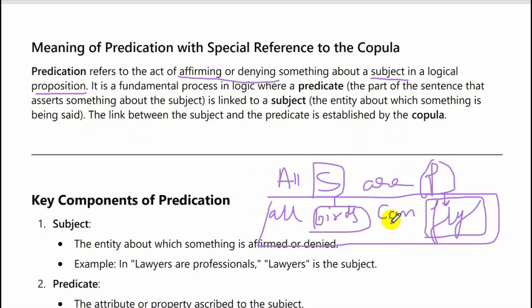So this fly is linked to the subject bird by the copula, which is the can, or the are in this case. So whatever links the subject and the predicate together is the copula. The link between the subject and the predicate is established by the copula.